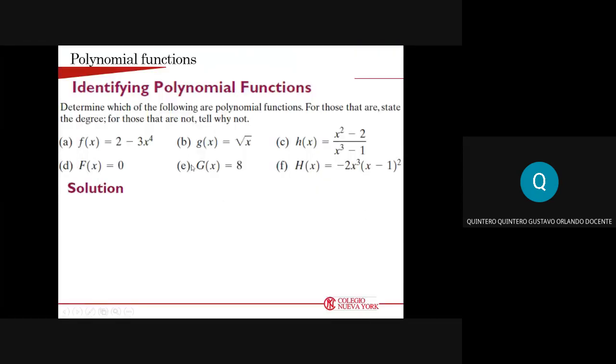All right, so for E, that is a polynomial function, sorry. Now, that polynomial function has a degree of 0. Why? Because you can express the 8 as 8 times x to the 0 power. How much is any number to the 0?